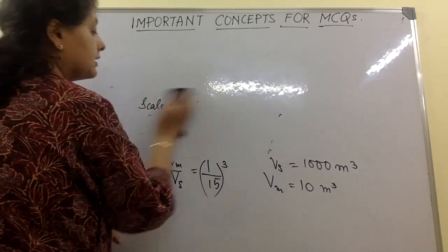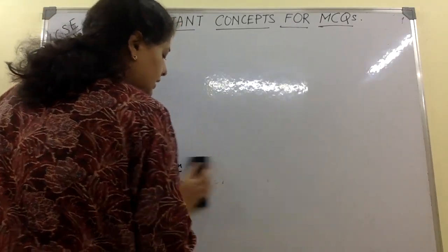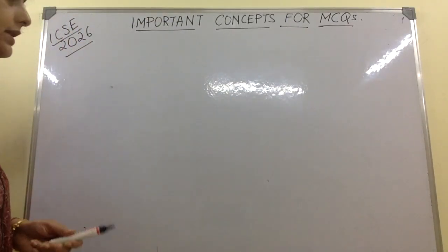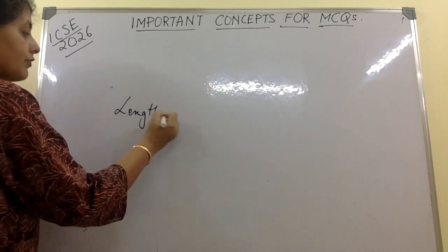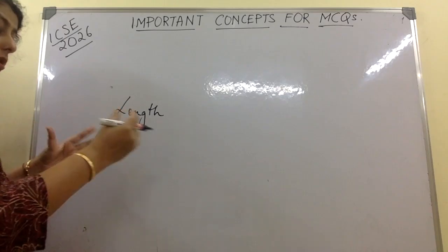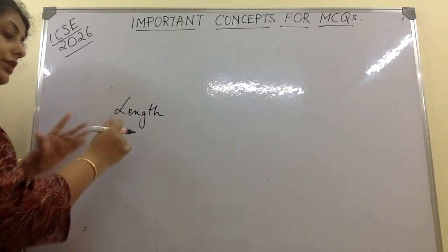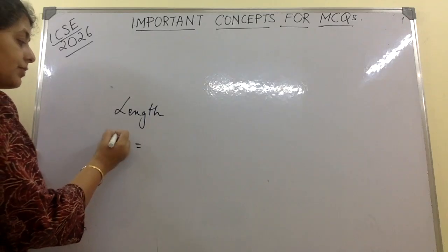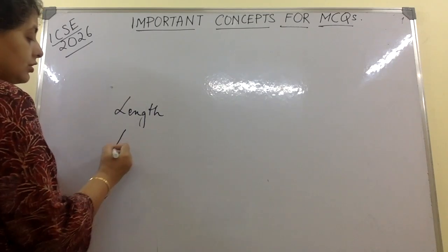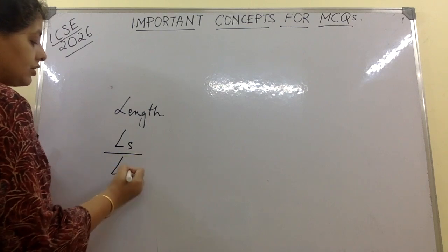Another mistake that is very commonly made in scale factor is if they are talking about length, that is length of the ship to length of the model. Then length of the ship will always go first: length of ship to length of model.